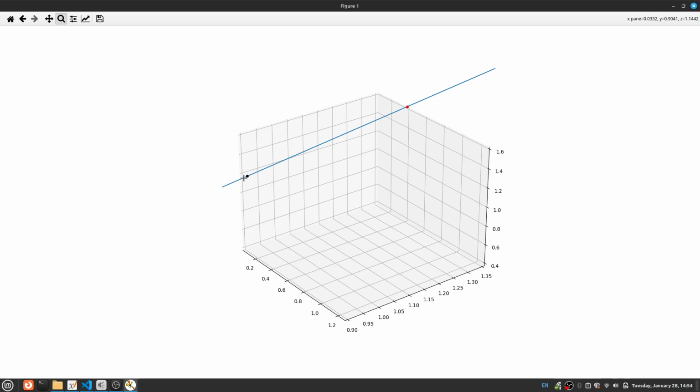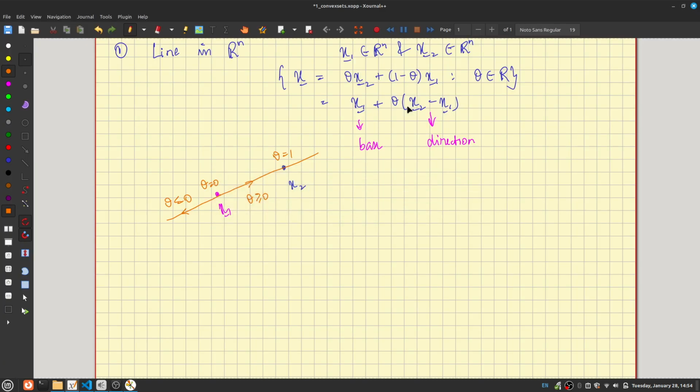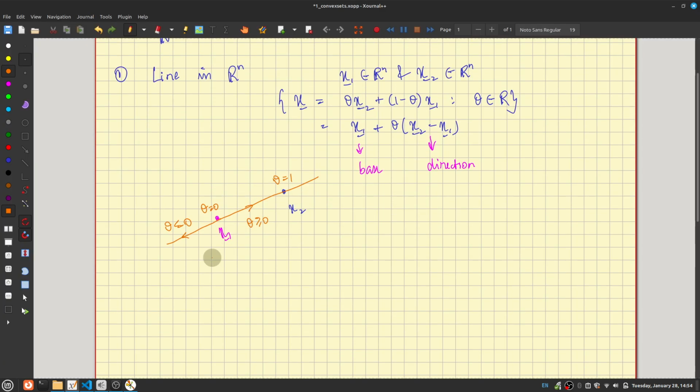If I let theta be only negative, then it extends all the way up to infinity, but in the opposite direction. If I let theta only vary between 0 and 1, then I just get the line segment that interpolates between x1 and x2. Right? So this is what I'll call a line.